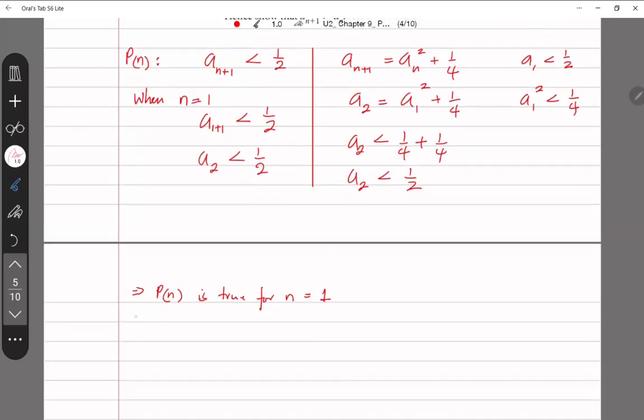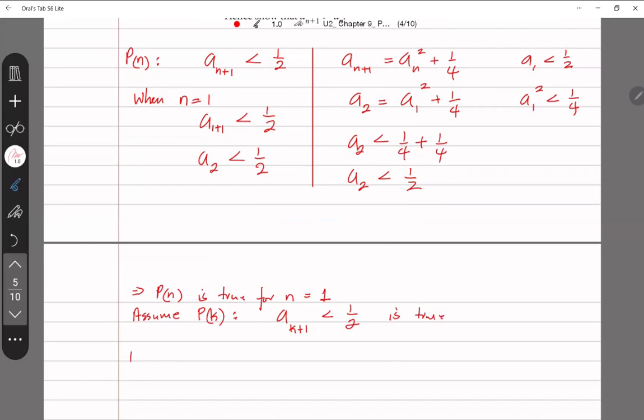I can also assume, as a step, that P_k, which is the statement a_k is less than a half, is true.